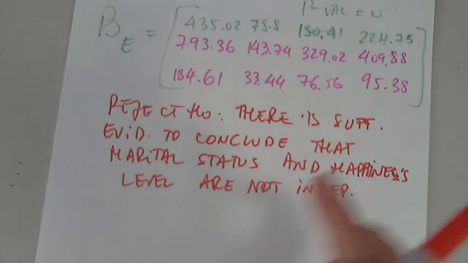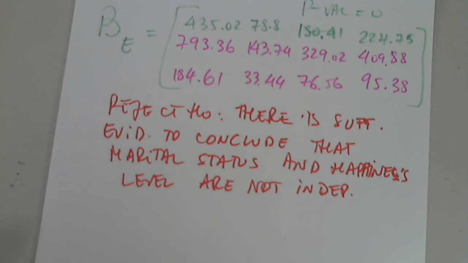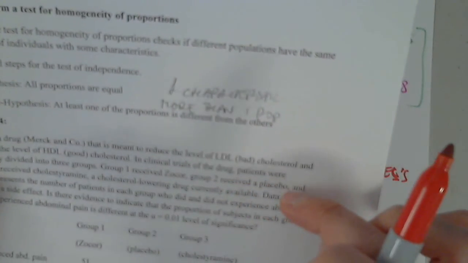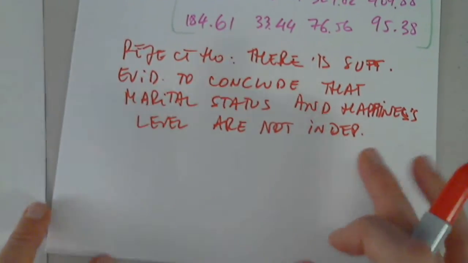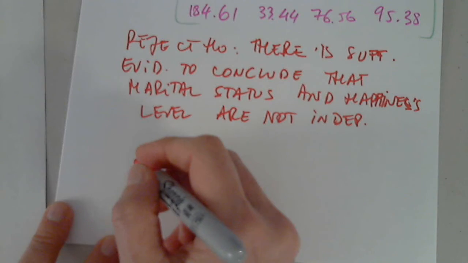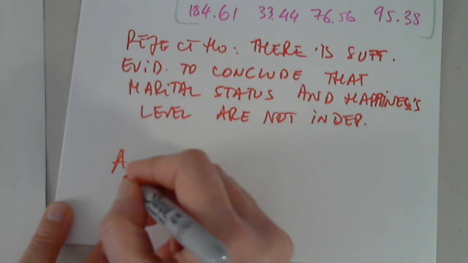Okay, so let's read the problem. Zocor is a drug that is meant to reduce the level of LDL, the bad cholesterol, and increase the level of good cholesterol. In clinical trials of the drug, patients were randomly divided into 3 groups. Okay, so I'm going to copy the matrix of the observed.